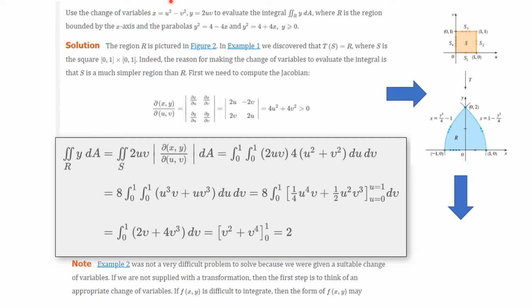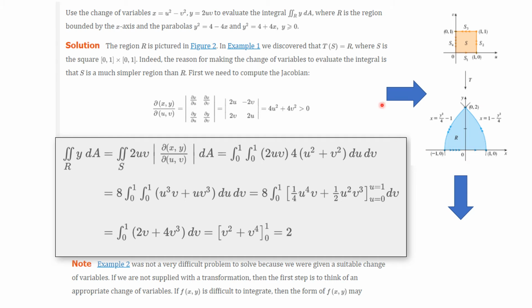Now this region that we have here, actually we studied in an earlier lecture. You might remember that we had these being R and S for that transformation. So that's the R that we're talking about. And if you look down here, if I just multiply both sides of this equation by 4, I get the parabolas that we have up here.